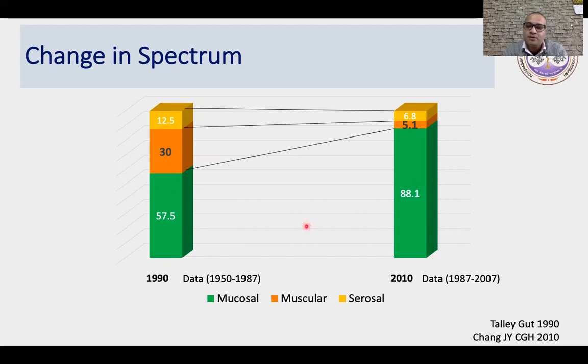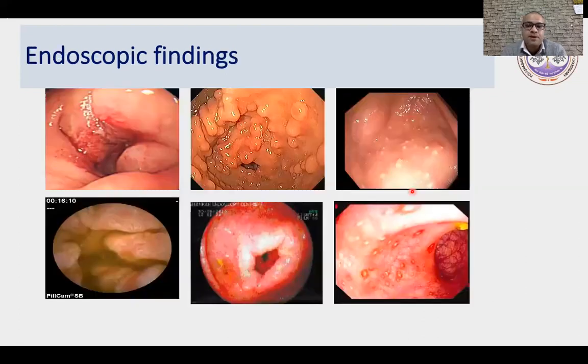But in the data reported in 2010 of the patients seen subsequently, a large fraction had mucosal involvement. This may be because of the increase in access to endoscopy and endoscopic biopsies, so that the mucosal form is recognized as a much more frequent variant of eosinophilic gastroenteritis.